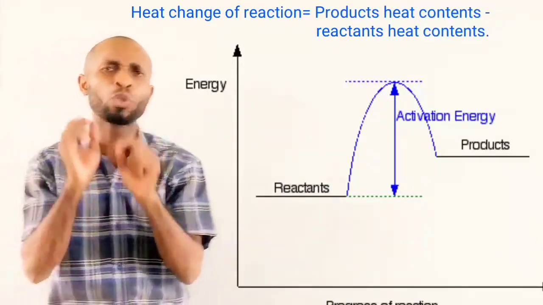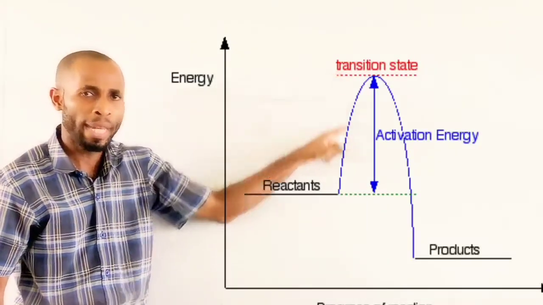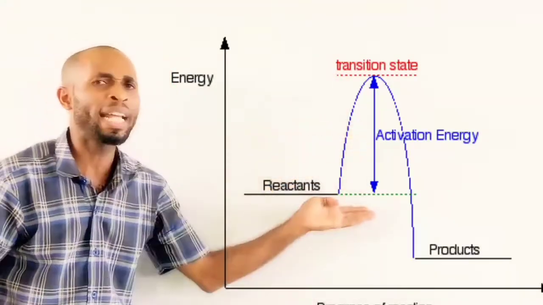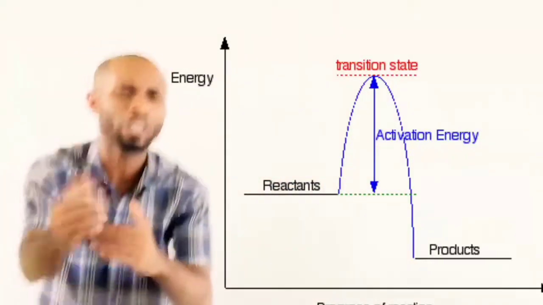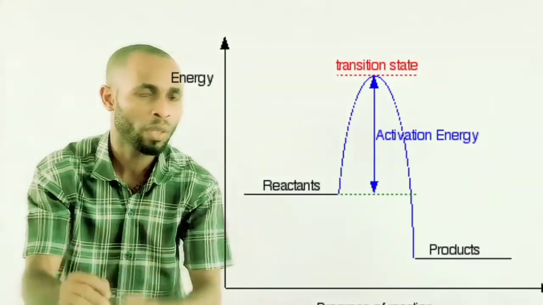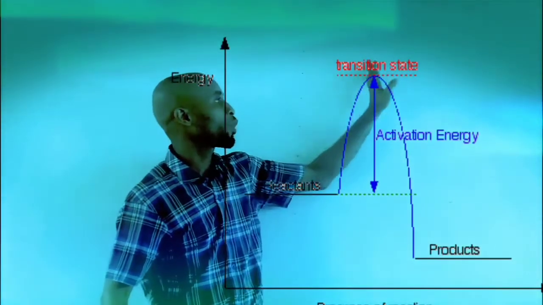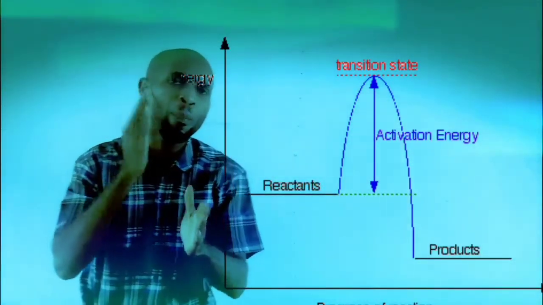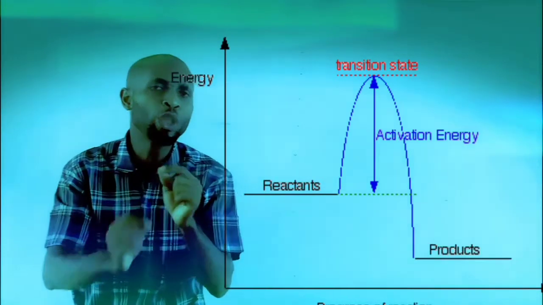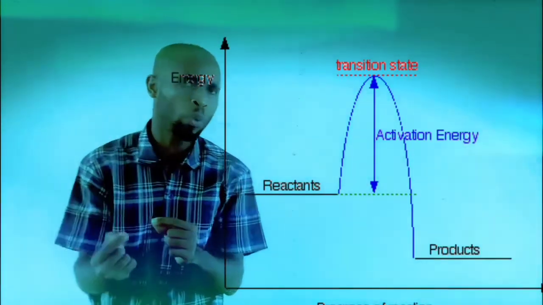And if you look at this, you're going to notice there's a place around activation energy. The activation energy is the minimum energy that is required for a reaction to occur. And this activated complex or transition state is that particular point at which the reactant is about to form the product.